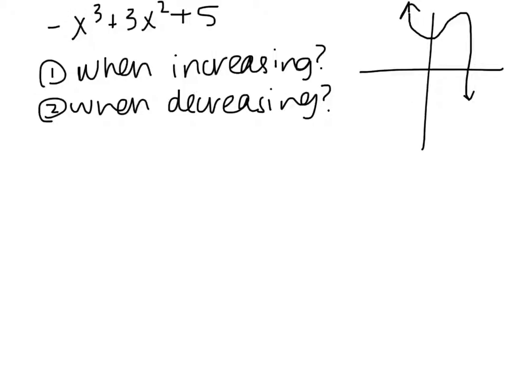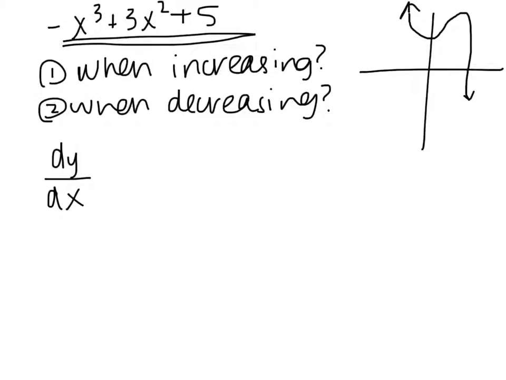I'm going to look at the rate of change, right? So that would be change in y over change in x, which is the same thing as the first derivative of this equation right here. So that would be negative 3x squared plus 6x.